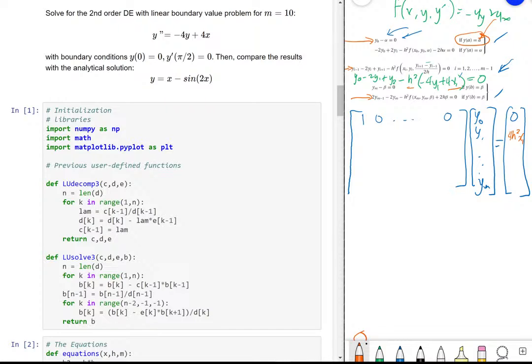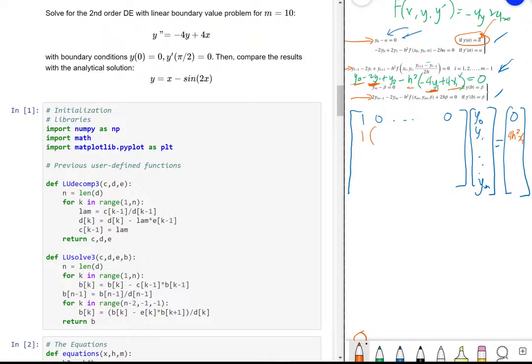Then the rest, you have y0, which is 1 because there's one y0 here. For y1 you have two terms, this one and this one, so you add the two. This is equal to negative 4h squared, and actually positive.